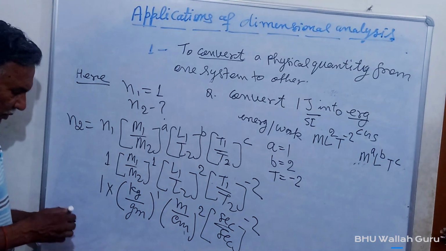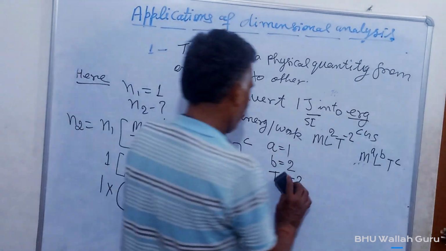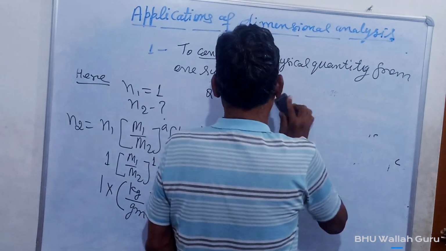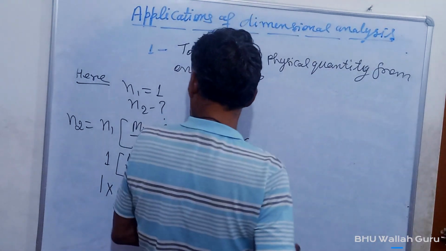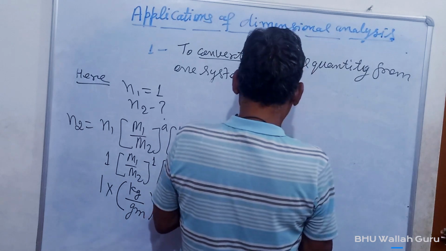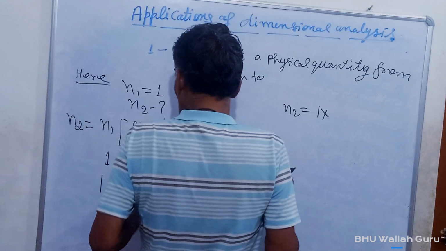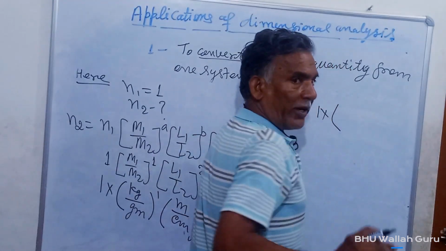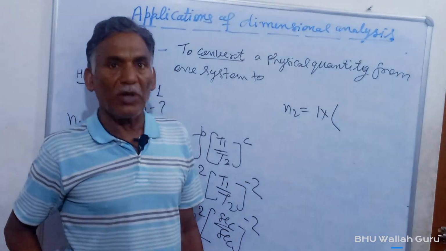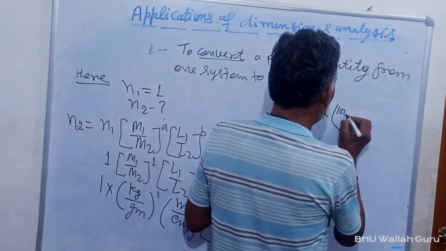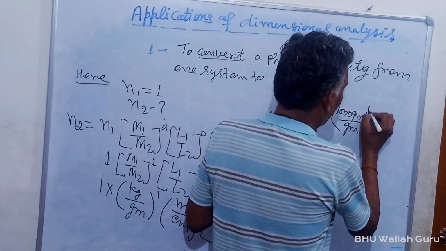Adopt this step. Again, n2 is equal to 1 kg. Your aim is to convert to CGS, so kg will be converted into gram: 1000 gram upon gram, power 1.